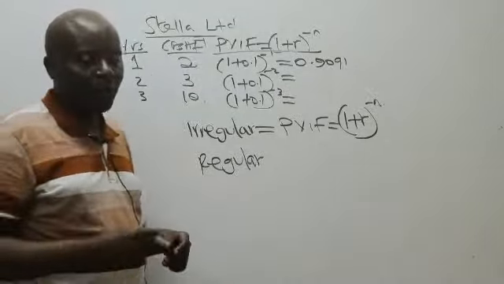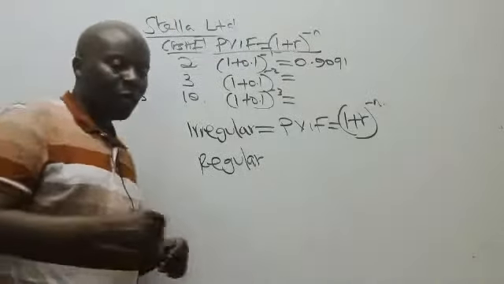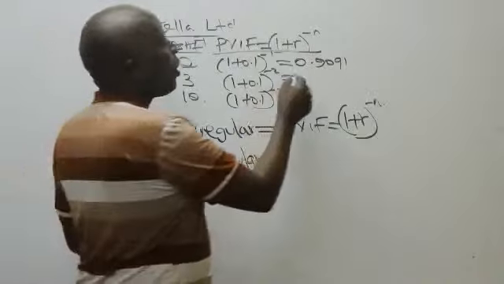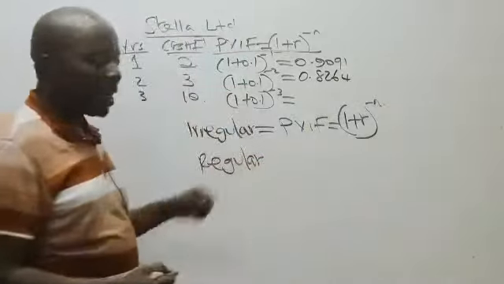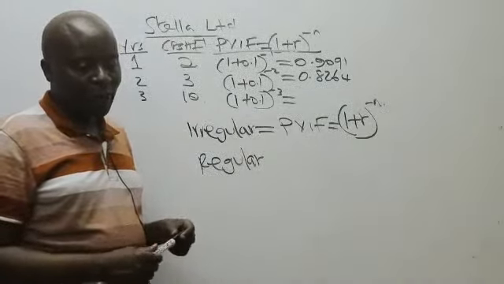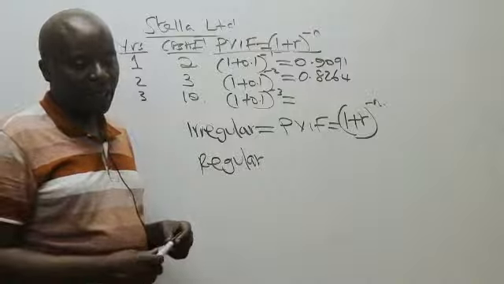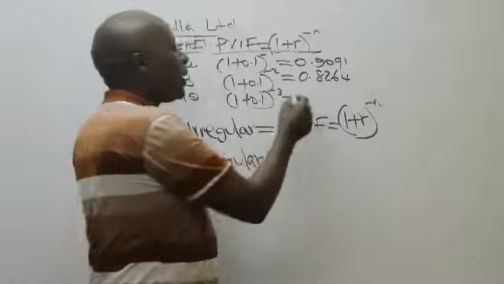It is 0.8264. How about 1.1 raised to minus 3? Somebody is telling me it is 0.7513.